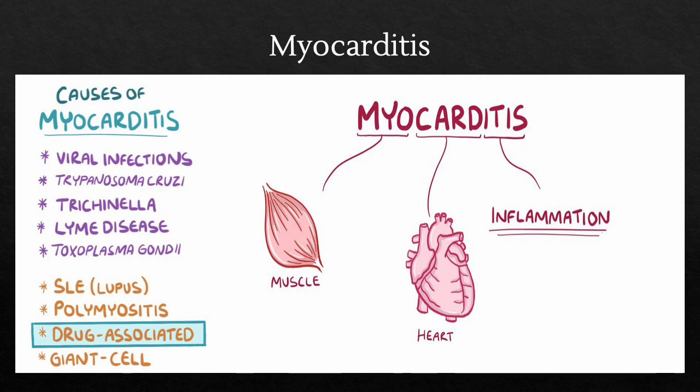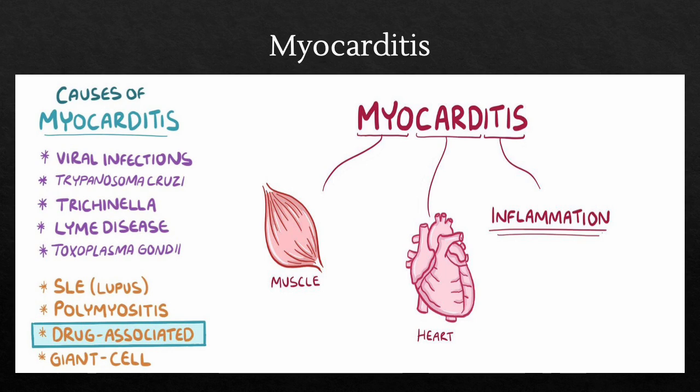Myocarditis is usually a viral infection, but it can also be caused by inflammatory conditions like lupus, polymyositis, giant cell arthritis, as well as drug-associated causes like IV drug use.